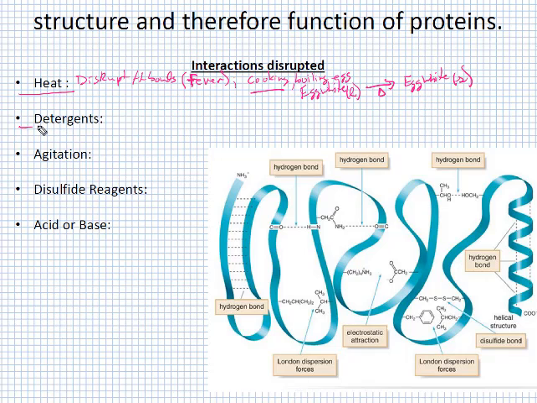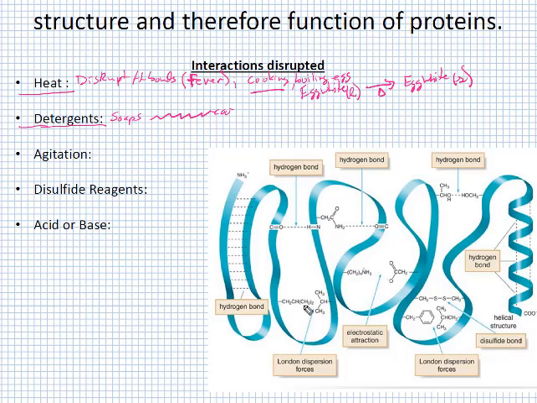Detergents. It says here detergents, but it could also be soaps. And one of the ways we fight COVID-19 is by washing our hands, and that disrupts the viral coat of proteins of the coronavirus and destroys it. So what we're doing here, remember, soaps have this long chain.